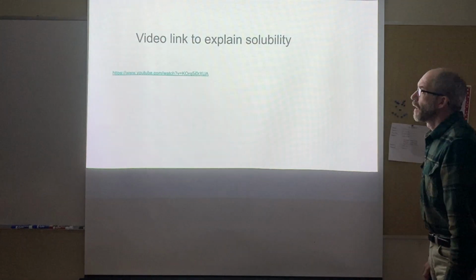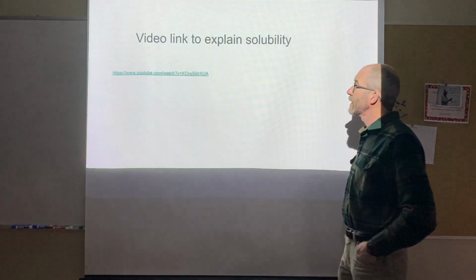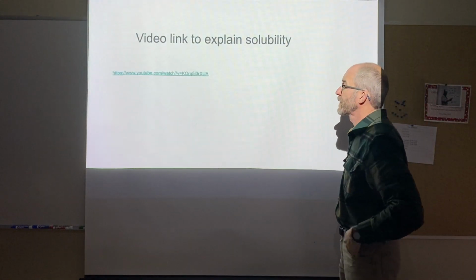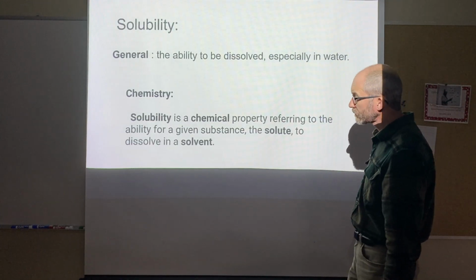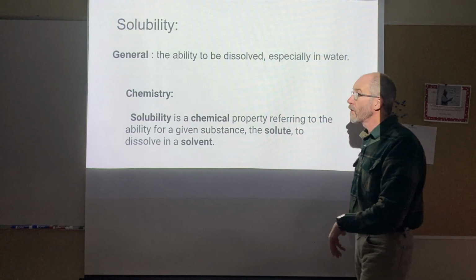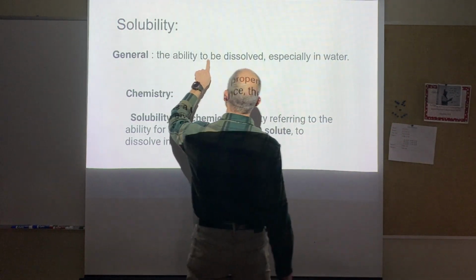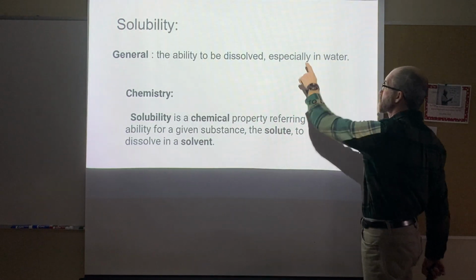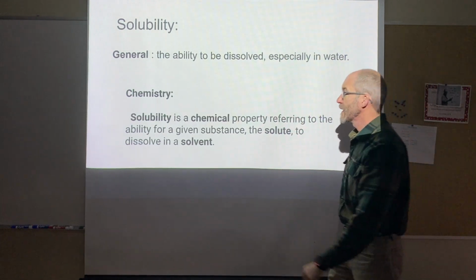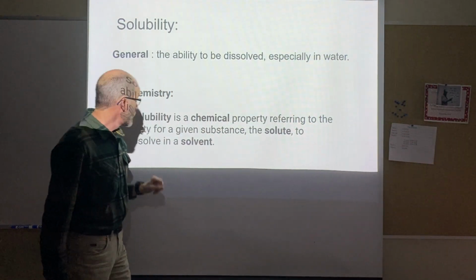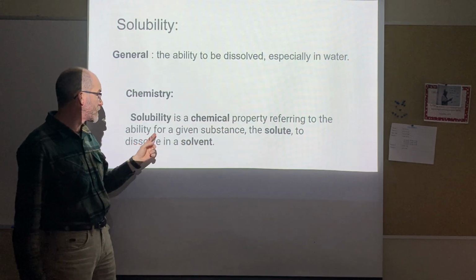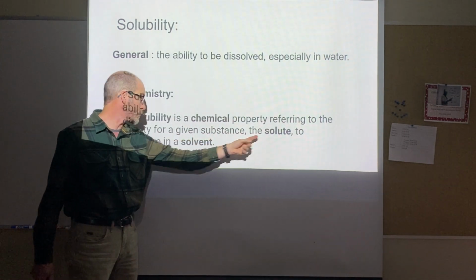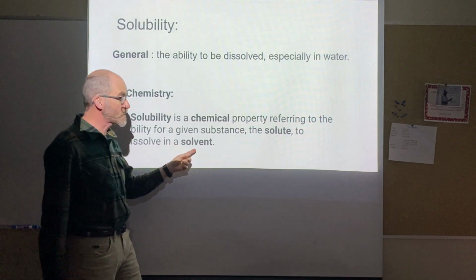Okay? All right, so there's going to be a video link to solubility, and you're going to watch it and you're going to learn more about the solubility table. In general, solubility is the ability to be dissolved, especially in water. In chemistry, solubility is a chemical property referring to the ability for a given substance, the solute, to dissolve in a solvent.